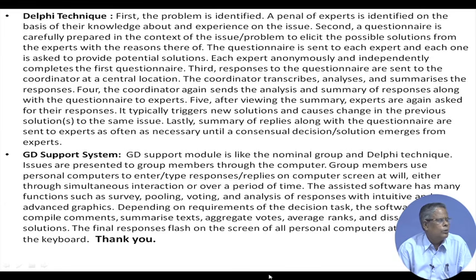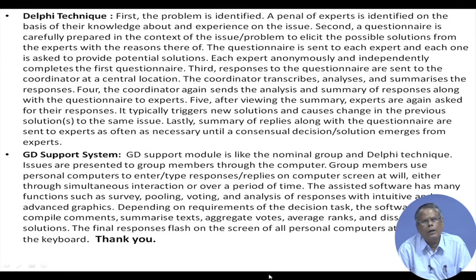It is a technique where the problem is posed on the computers and sent to all members, all the stakeholders in the organizations. Group members use personal computers to enter or type responses or replies on the computer screen at will. Either all can use it simultaneously or over a period of time.